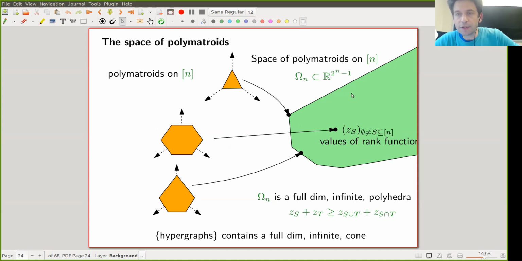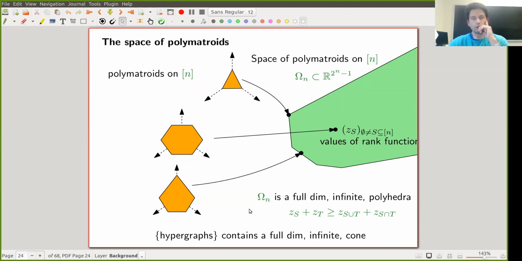So actually, this set of polymatroids will be parameterized by the set of integer points in this space that are given by these inequalities on the coordinates, the submodularity. So this is an infinite polyhedron which is full dimensional. So it has that dimension.